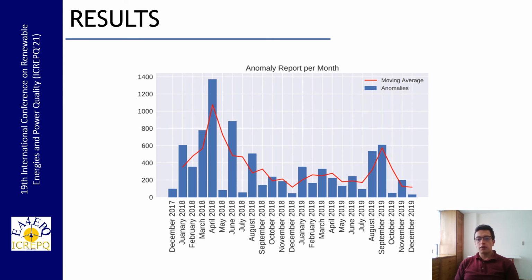We have all this test data classified as normal sample or anomaly sample, and we count the number of anomaly samples by month from December 2017 to December 2019. The failure that is reported in this real wind turbine is in June of 2018. And you can see here the number of anomaly reports in this month.